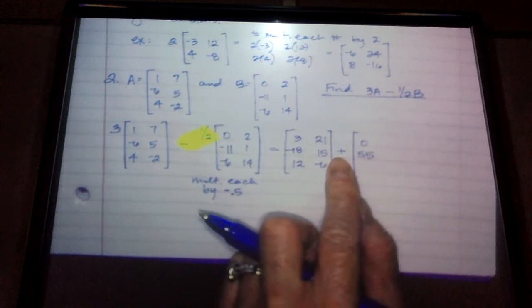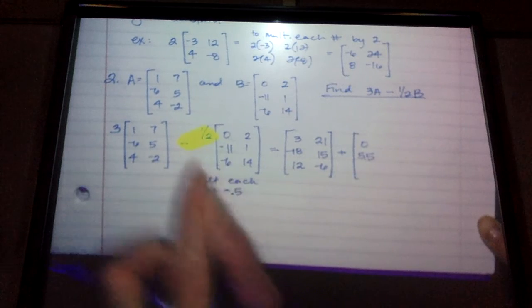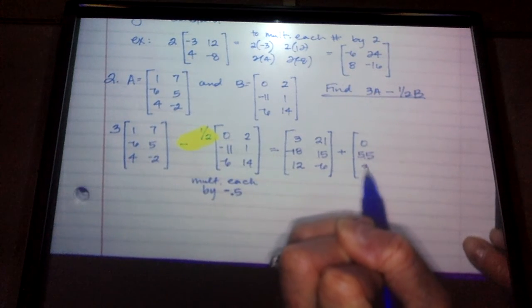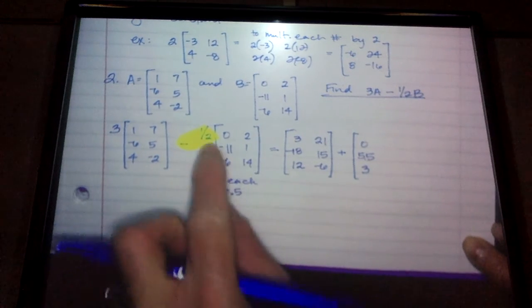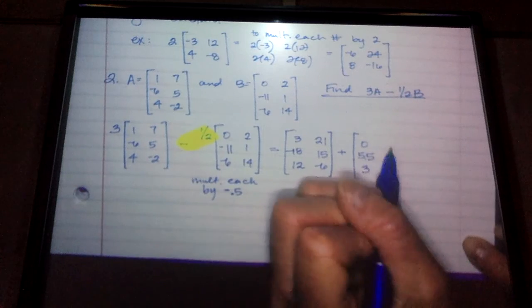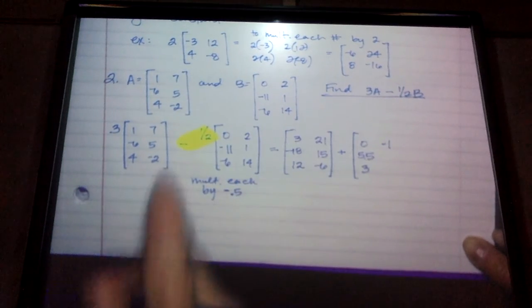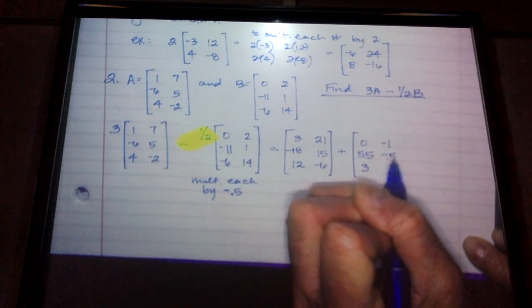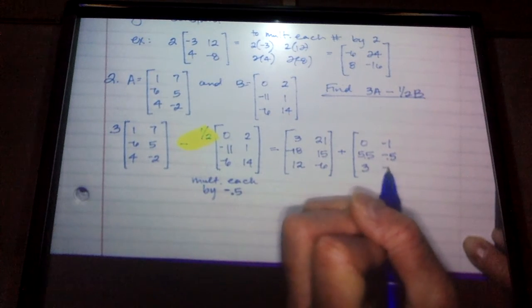That's why I'm changing this to a positive, because I'm going to end up adding whatever result I get. Negative 1/2 times a negative 6: a negative times a negative is a positive, and half of 6 is 3. Negative 1/2 times 2, that's half of 2, which is 1, but a negative times a positive gives me negative 1. Negative 1/2 times 1 is just negative, I'm going to put 0.5. Negative 1/2 of 14 would be negative 7.